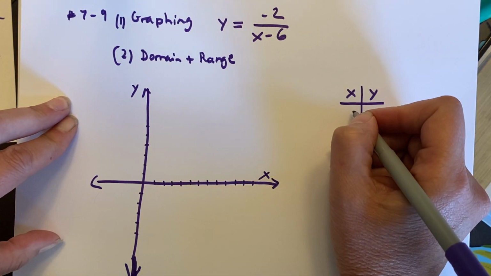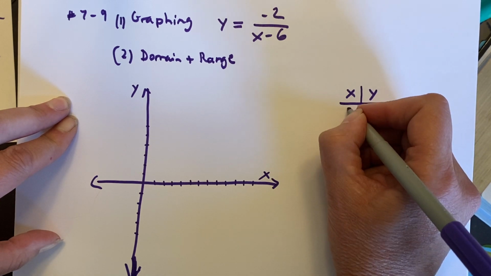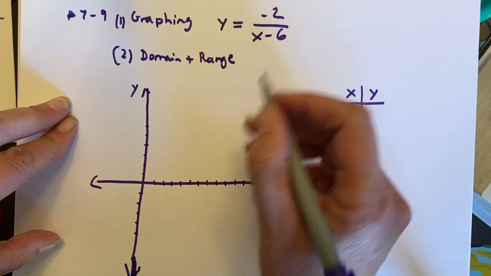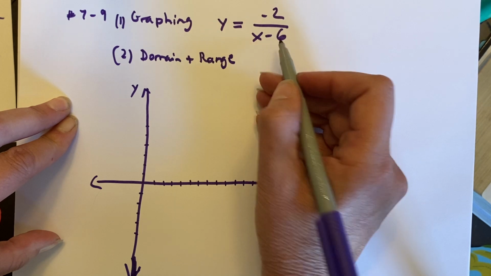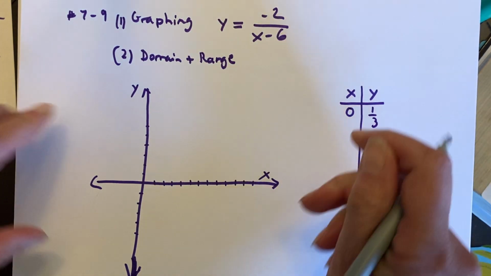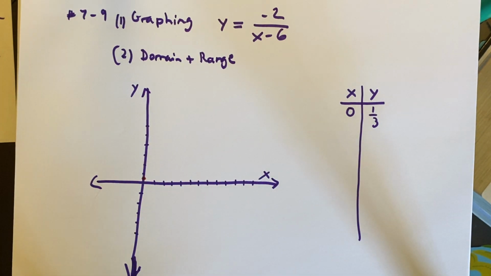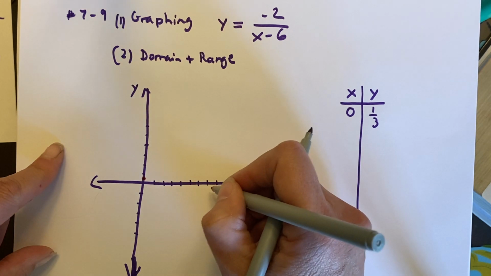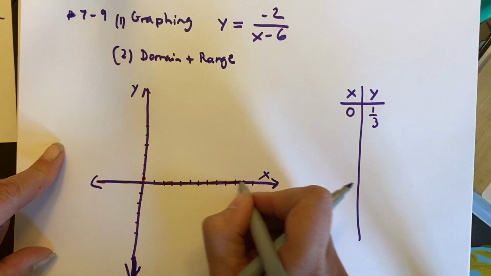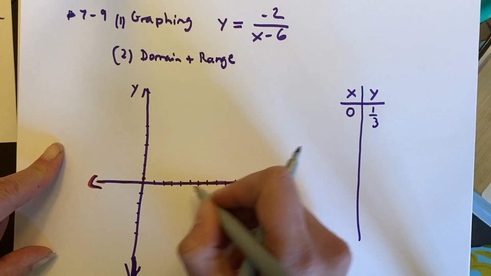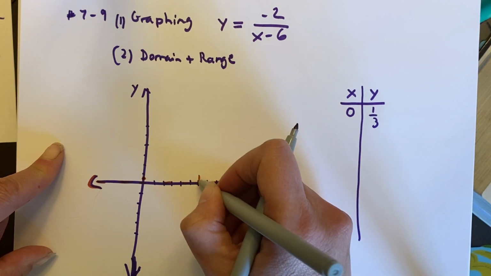So let's see, we'll try x equals 0, because 0 is allowed here. If x is 0, 0 minus 6 is -6, -2 divided by -6 is +1/3. So I get 0, 1/3. And by the way, I should do my first step, which is really drawing my asymptotes. I know one of them is just here. It's my x-axis, but the second one, 2, 3, 4, 5, 6, is here.